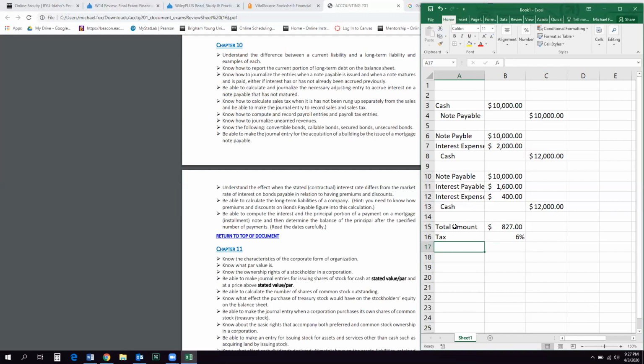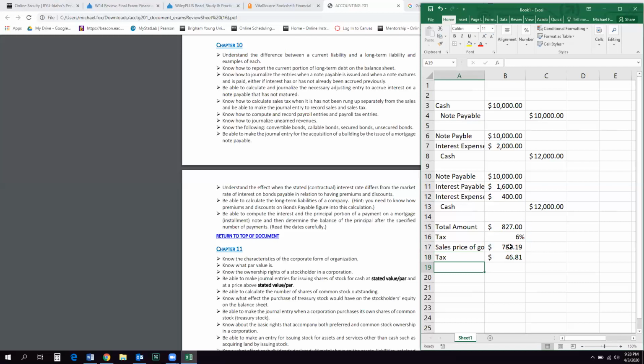So if we divide that, it's going to tell us how much of that was the sales price of the goods. Then the amount of the tax is just the total amount minus the sales price of the goods.